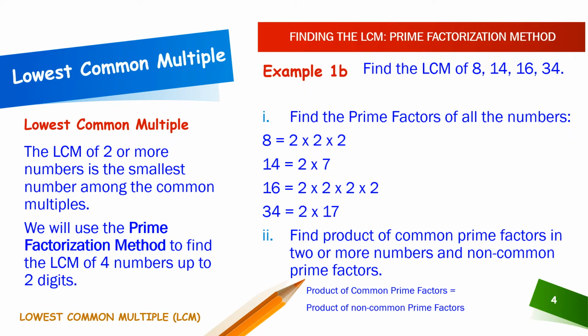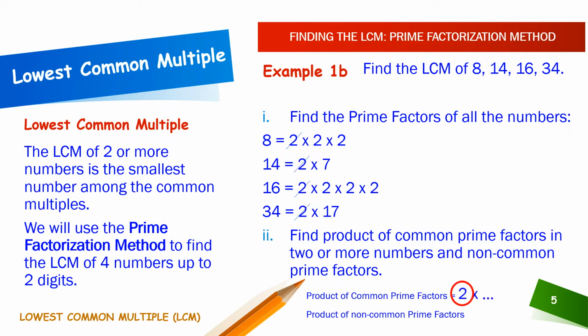Now find the product of common prime factors in two or more numbers and non-common prime factors also. The 2's shown are common to two or more numbers. So place a 2 here.